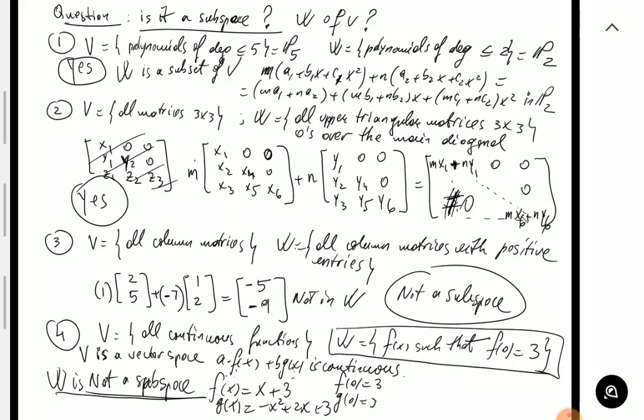And yet, if I take the sum of the two, which is minus x squared plus 3x plus 6, clearly if I evaluate at 0, f of 0 plus g of 0 is not going to be equal to 3.